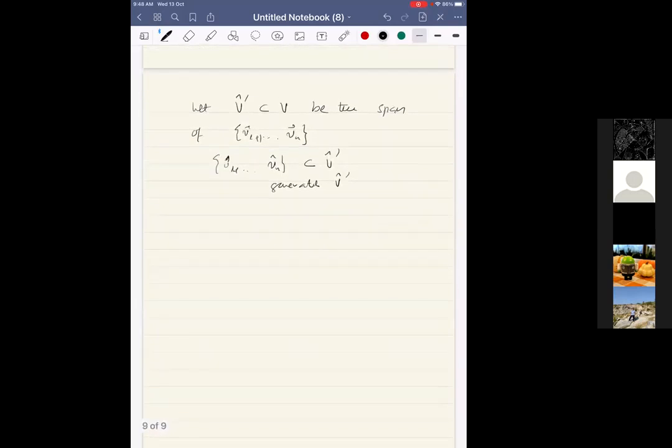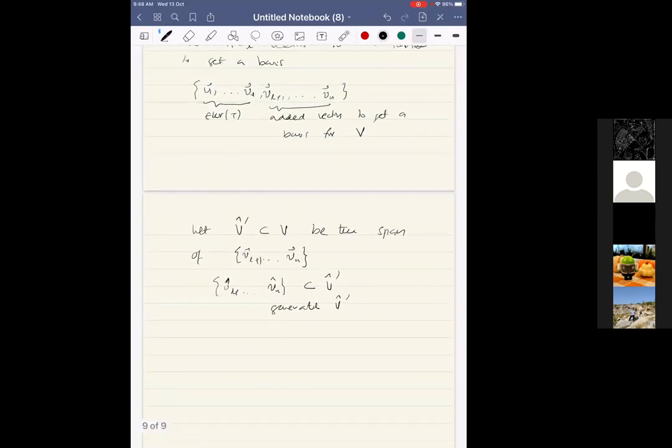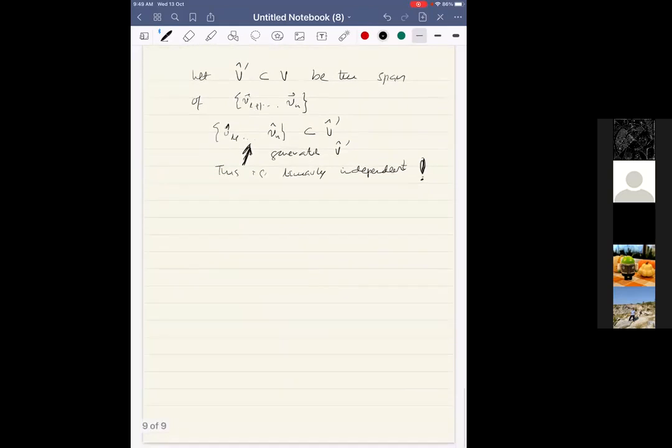And what else? It is linearly independent in V hat prime because it is part of a basis of V. Is this clear to everyone? So why is this linearly independent?